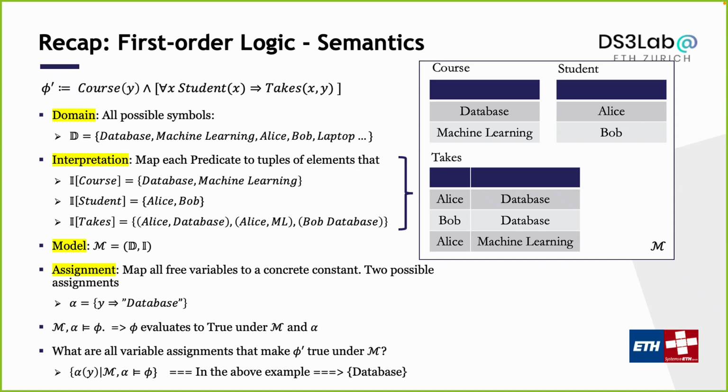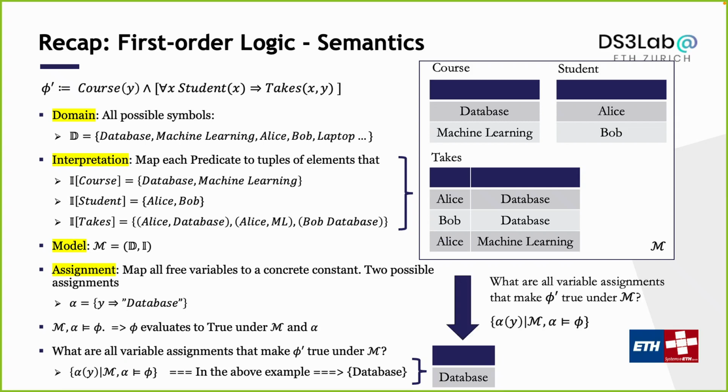And then for the answer of this here, right? Let's find all the variable assignments that make this formula true under this model. That pretty much looks something like this, right? I could have a whole bunch of possible assignments that make this formula true. I can arrange them as a table. And how to get from the interpretation to all the possible assignments, you have a formula.